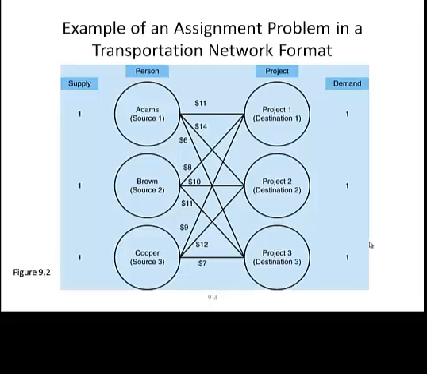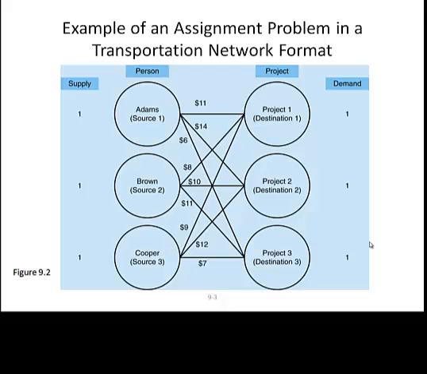So let's look and see what we have. In this case, we have our supplier, similar to what we had before, except we only have 1 person, so they can only supply 1 talent. Whereas demand for each of the projects only requires 1.